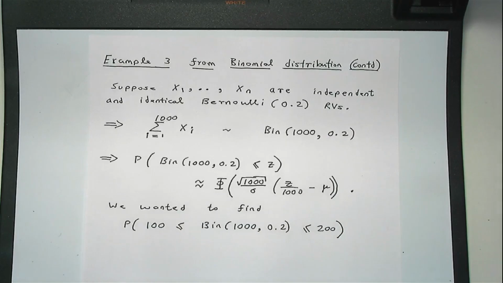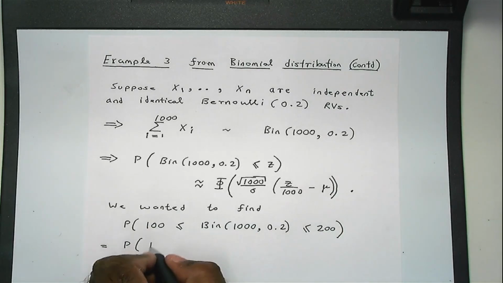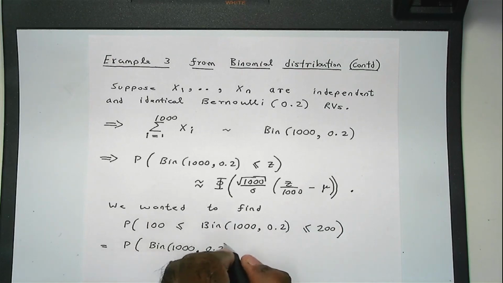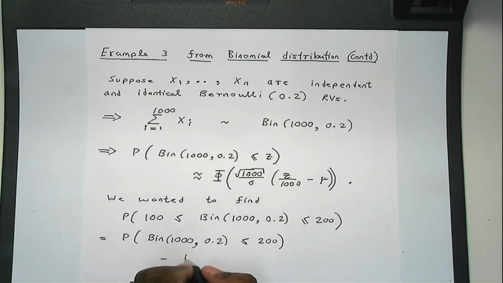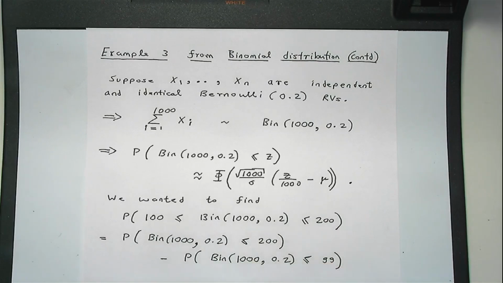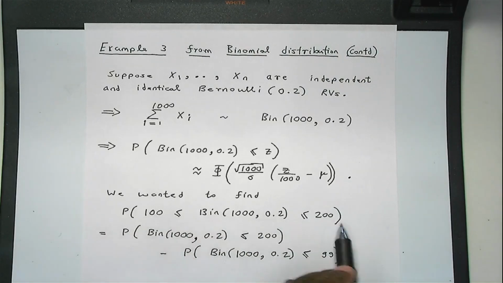So you can write this as the difference of these two probabilities: this probability minus the probability that a binomial variable is less than or equal to 99, not 100, because in order to include all the numbers from 100 to 200, you need to take away the probability that it is less than or equal to 99. I hope you follow me.